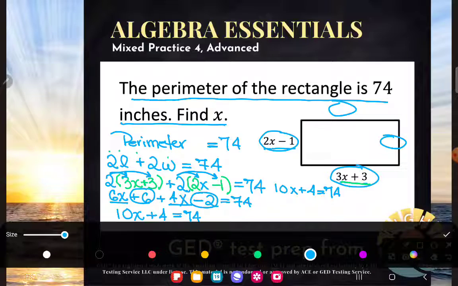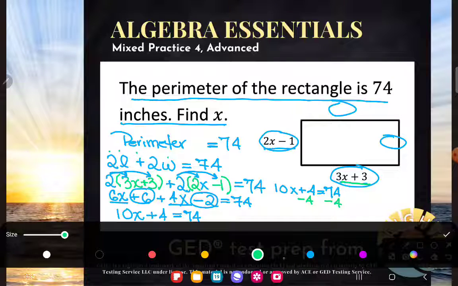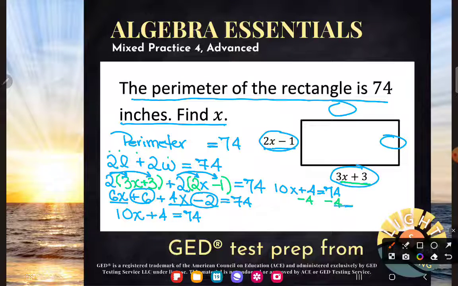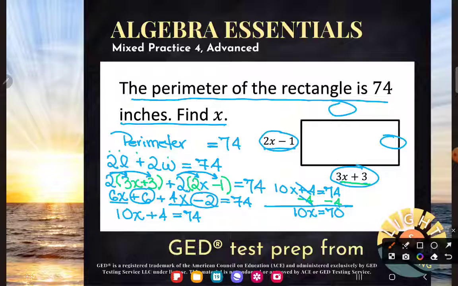I will work my order of operations backwards since I'm solving, moving anything adding or subtracting first by using opposites on both sides. Adding 4 and subtracting 4 are opposites, they cancel. 10x is what I have left on the left, and 74 minus 4 is 70. Awesome. I've almost solved for x, but it is not currently alone.